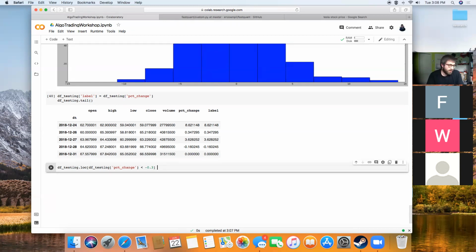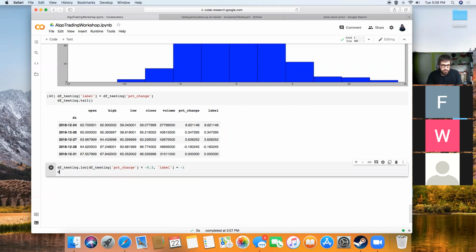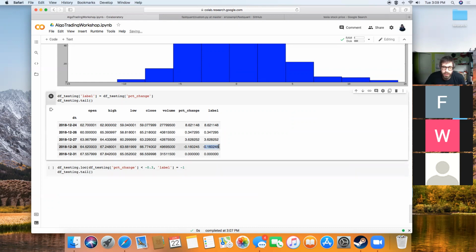So what I have here is that at this location, where this is true, the column label, I'm going to assign it to be -1. So now if I do tail again, you can notice here I had this one to be negative. Actually, it's 0.1, so it wouldn't tell us. Let me get more data.